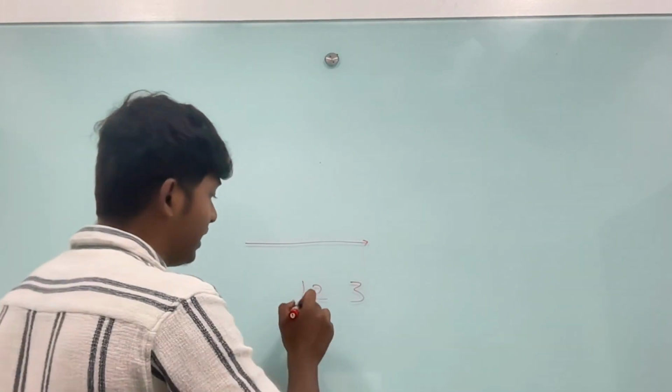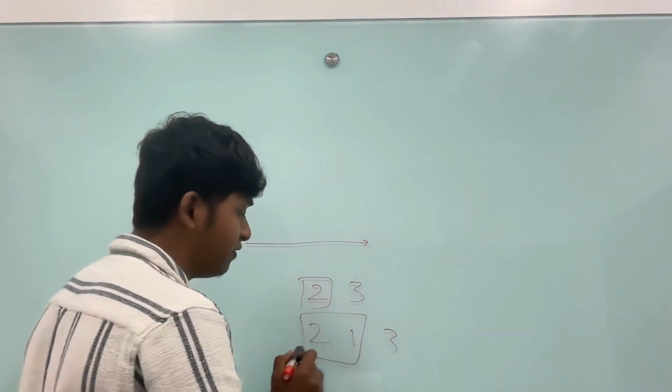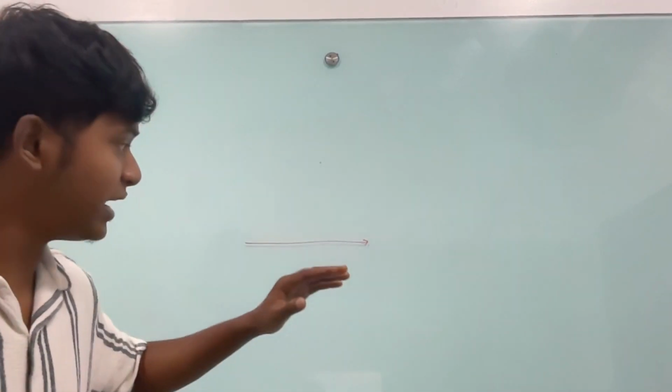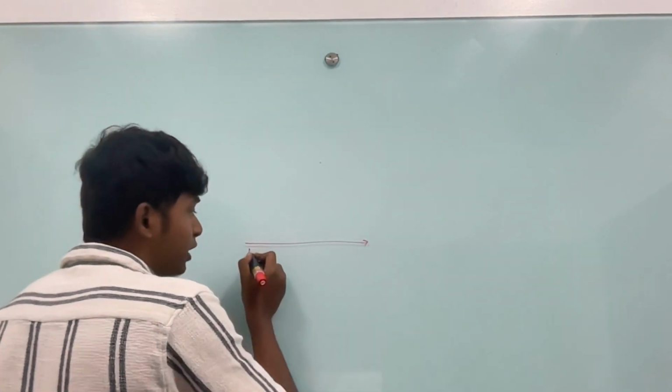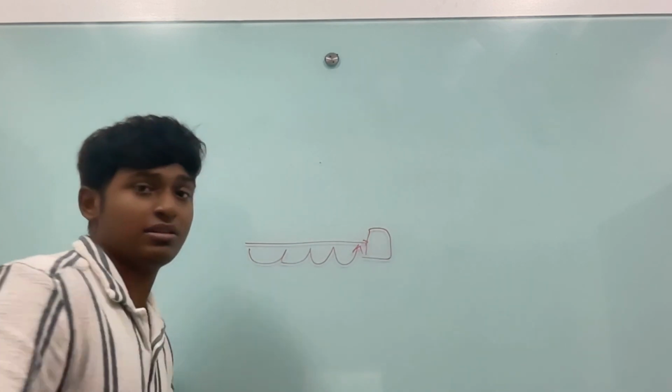No, this is a decreasing sequence of length 1. This is a decreasing sequence of length 2. So every sequence in the multiverse is a decreasing sequence. Okay. So we take every decreasing sequence, and the answer to all these elements in the decreasing sequence will be the end of the decreasing sequence.